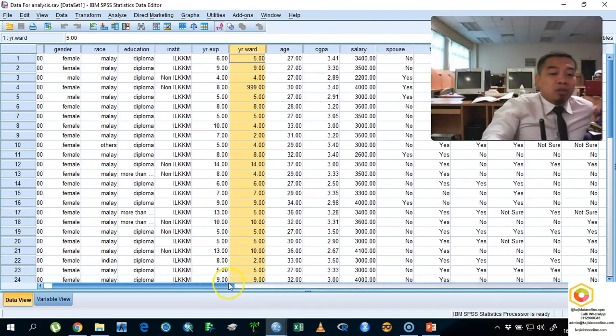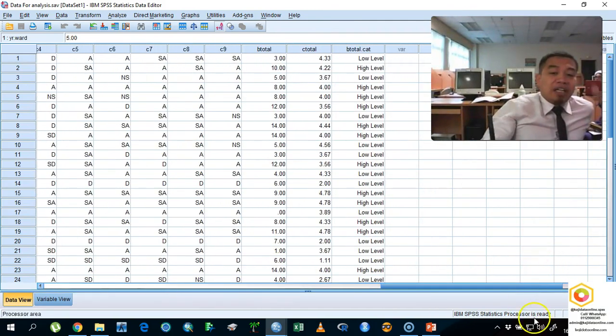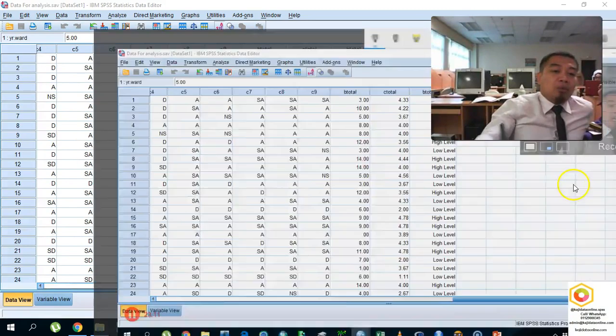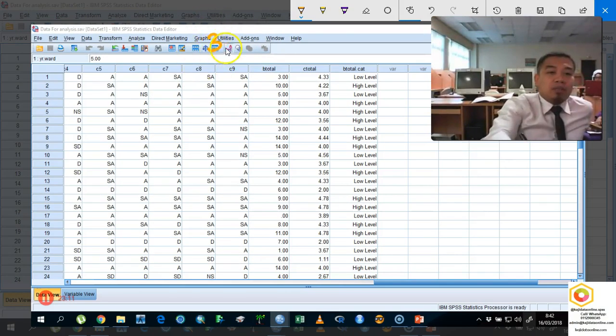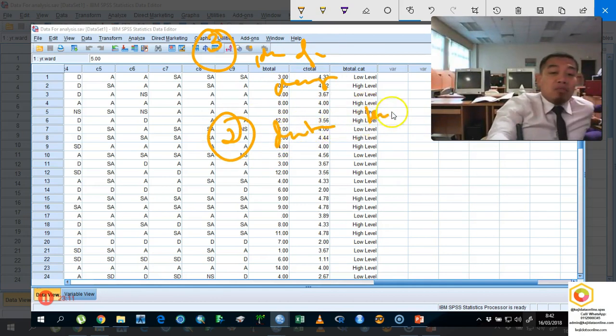So I'm going to investigate and identify. As you know, we have 3 objectives, correct? The first objective is to identify and study the demographics of the respondents. The second one is to determine and compare the level of awareness among respondents across their different demographic factors.